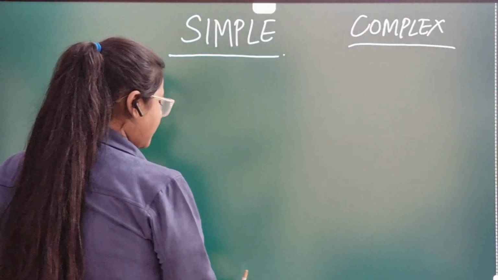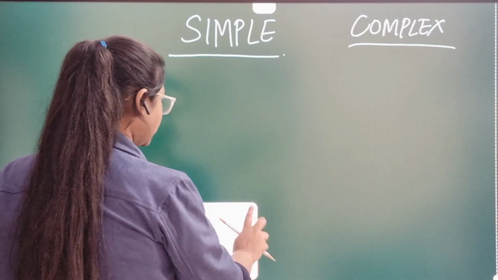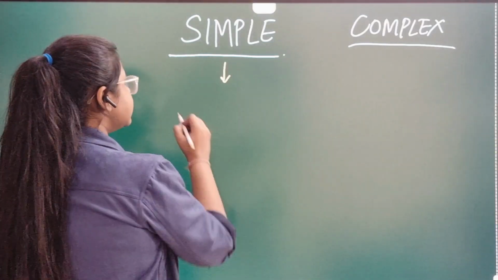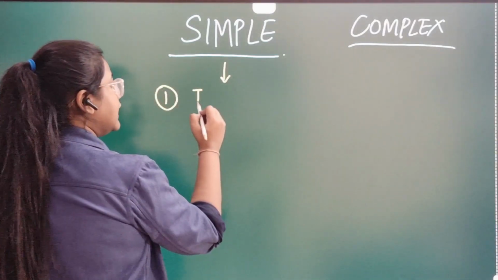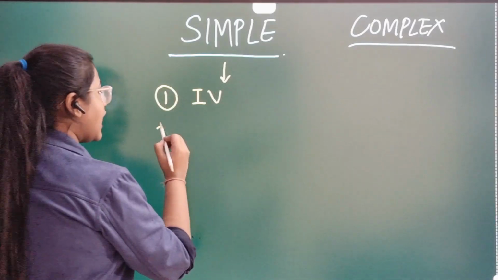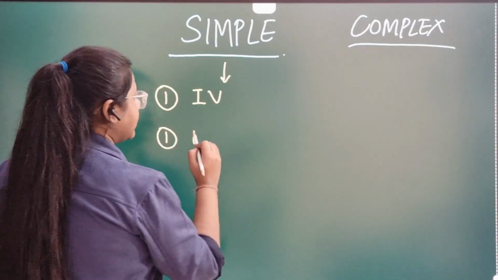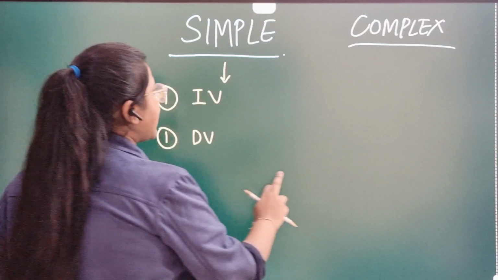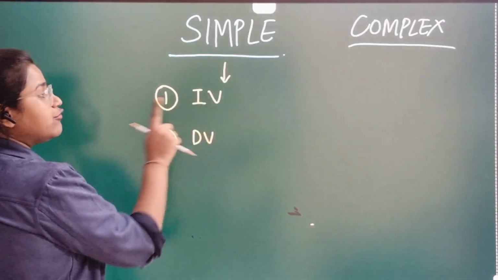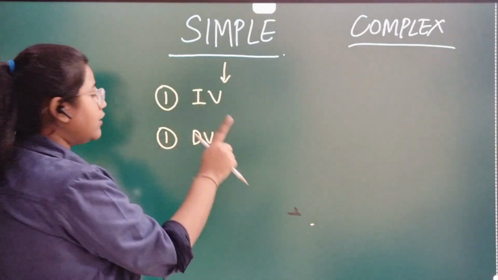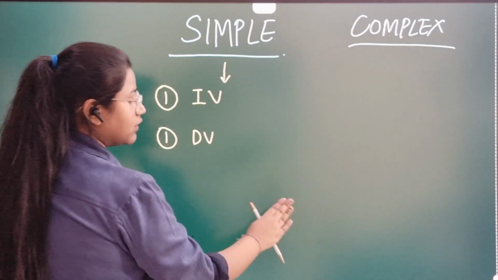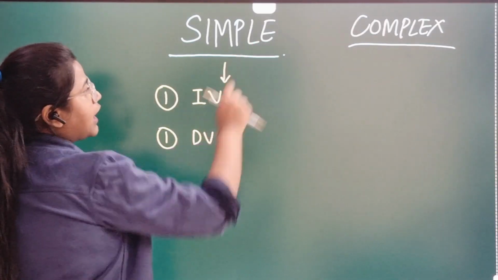What is the simple hypothesis? Simple hypothesis means when I have one independent variable and one dependent variable. In my entire hypothesis, I have only one independent variable and only one dependent variable. This is the simple hypothesis.